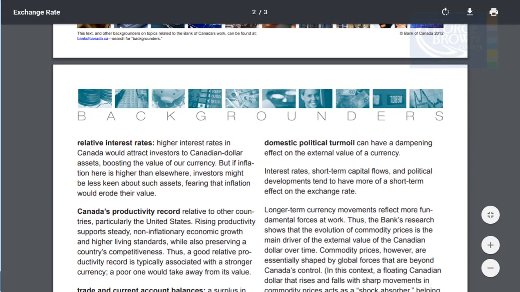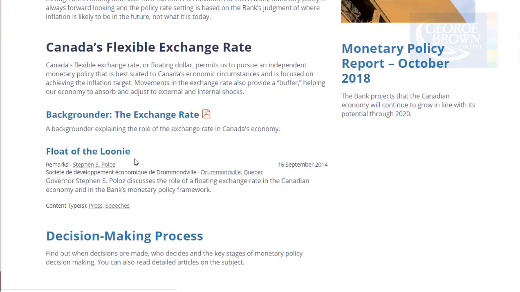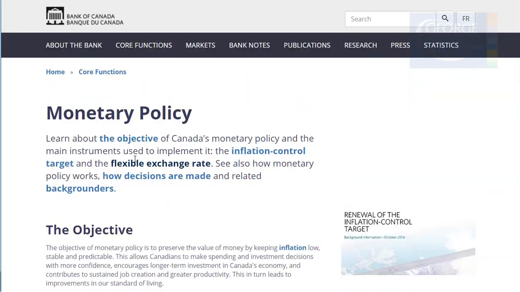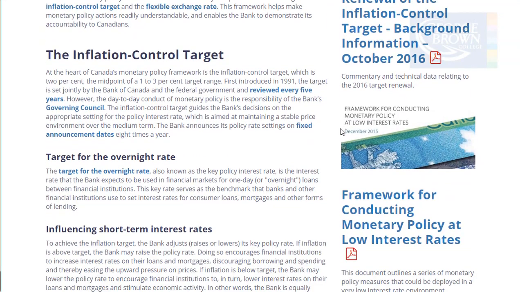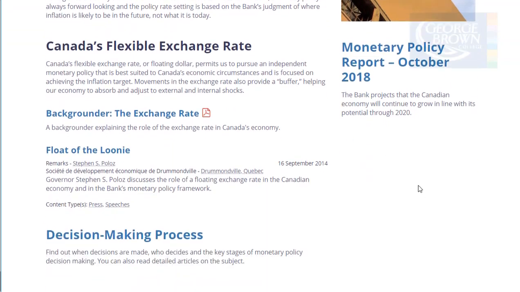So again, I just want to show you that bringing the real world into the classroom, when we're talking about monetary policy in the chapter on macroeconomics, go and look at the Bank of Canada. Similarly, when we're talking about flexible exchange rate regimes, have a look at a central bank.